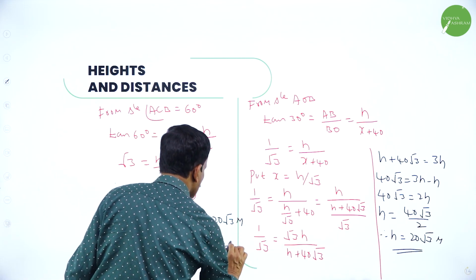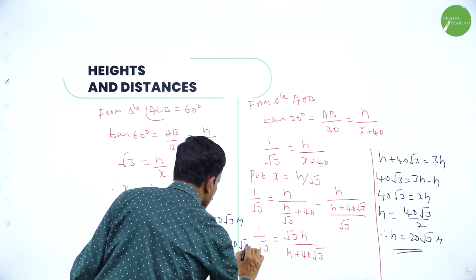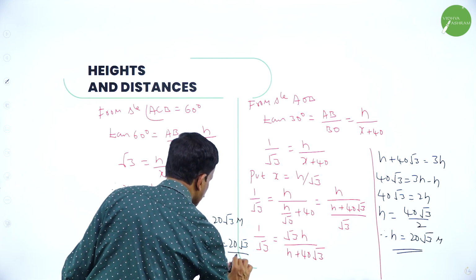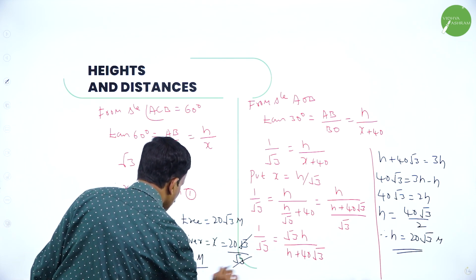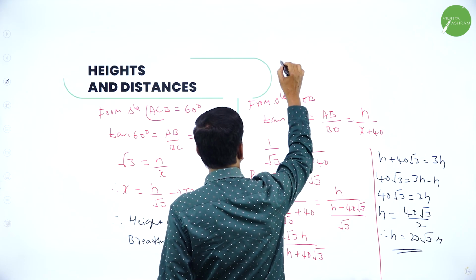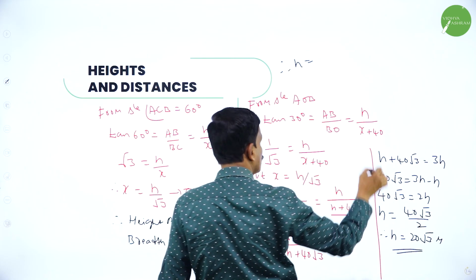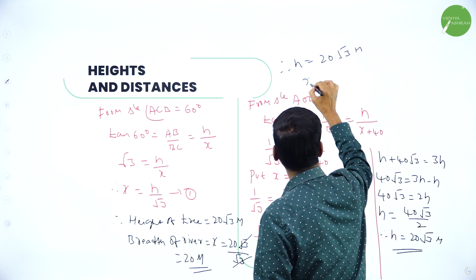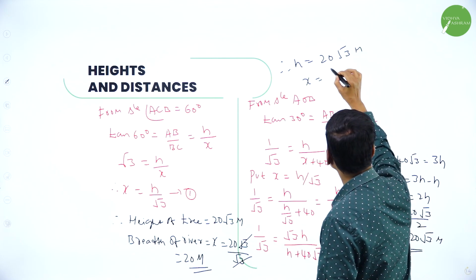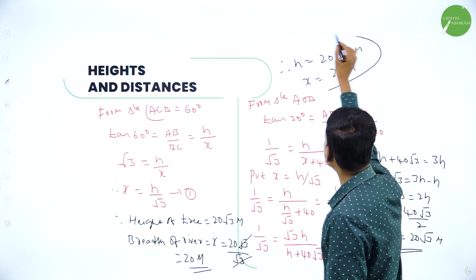H is equal to 20 root 3 divided by root 3, so root 3 gets cancelled. This is equal to 20 meters. So, the height H is equal to 20 times root 3 meters and the breadth of the river X is equal to 20 meters.